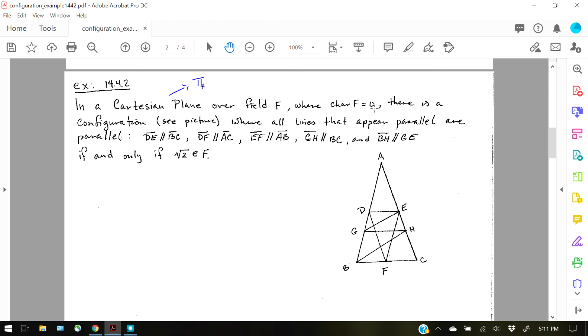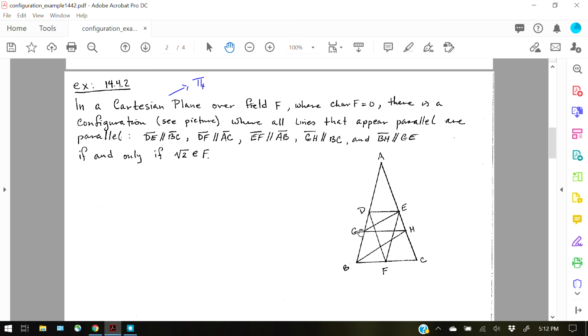Okay. What we want to know is about this configuration. So there's a configuration, and it's given right here in the diagram, where all the lines that appear parallel are parallel, and I went ahead and listed them all out. So DE is parallel to BC, DF is parallel to AC, EF is parallel to AB, GH parallel to BC, and BH, where's BH?